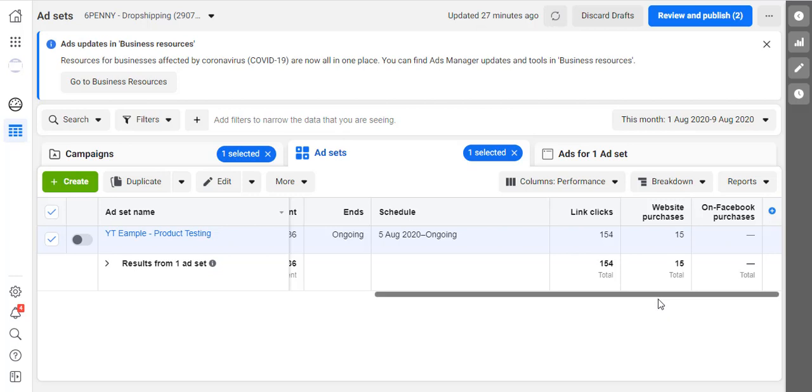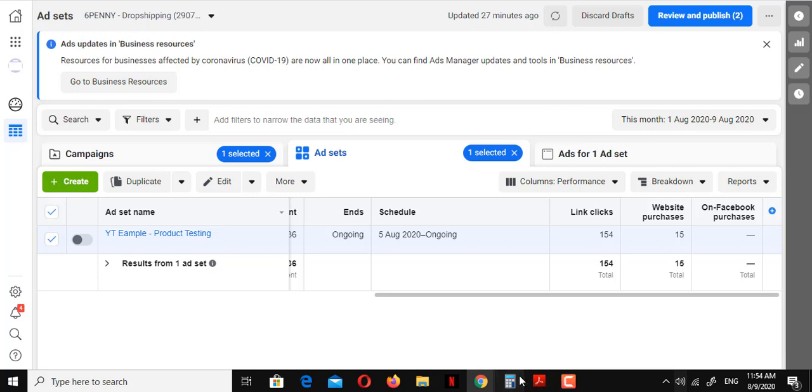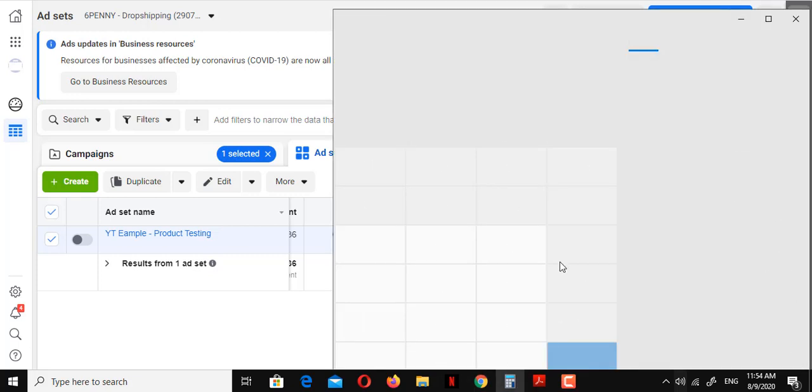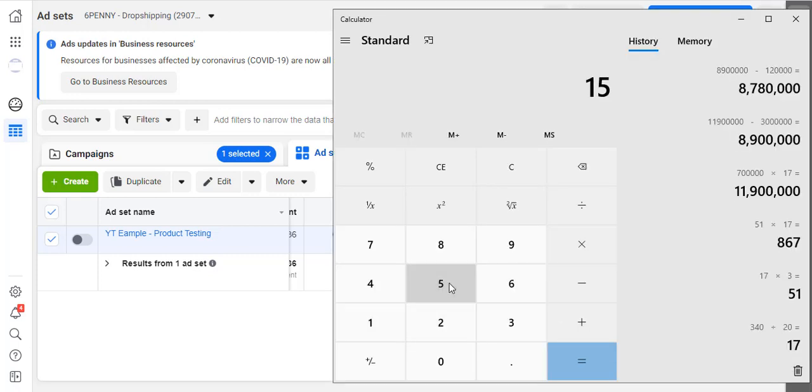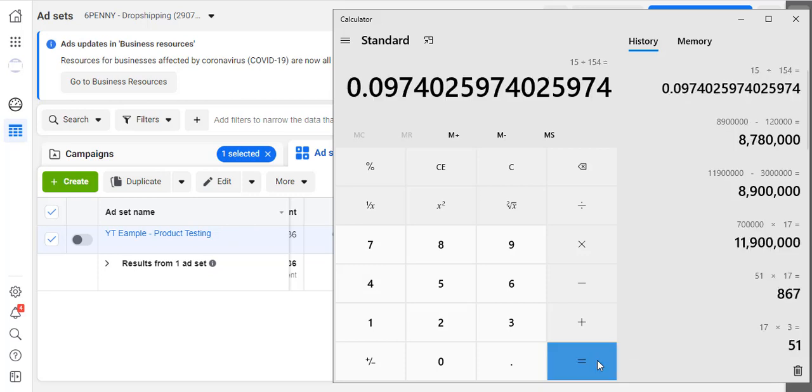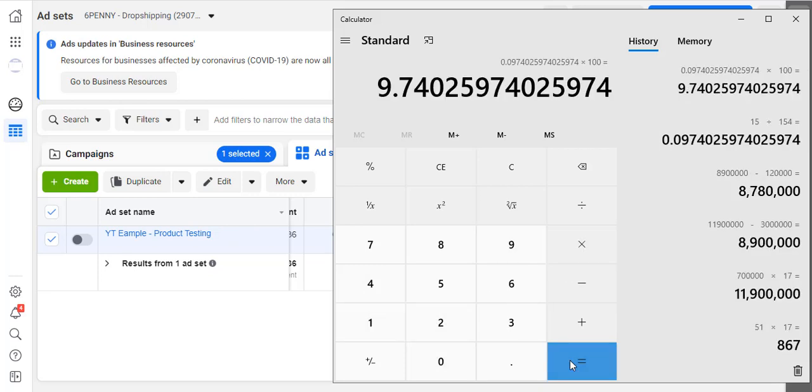So let's see the purchase rate. Let me use a calculator here so we are accurate. 15 out of 154 people bought. Let's multiply by 100 so it's clear. That's equal to 9.7%, so close to 10%.